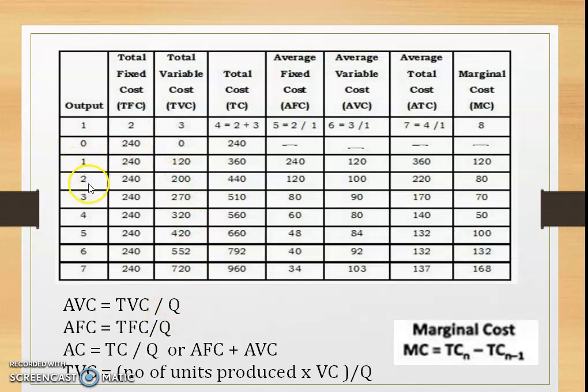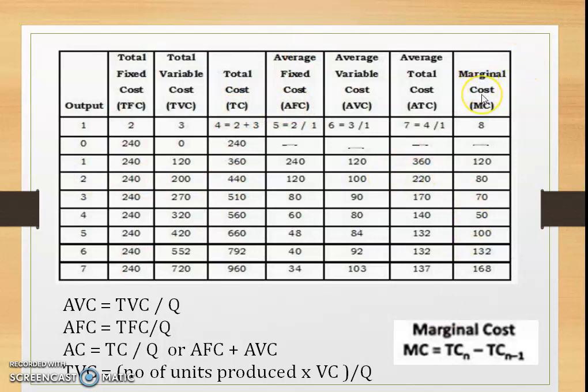So for quantity 2, the TVC is 200 and quantity is 2. So 200 divided by 2, that is 100. And ATC or AC, average total cost or average cost, is the sum of AFC plus AVC or TC divided by the quantity or the output.